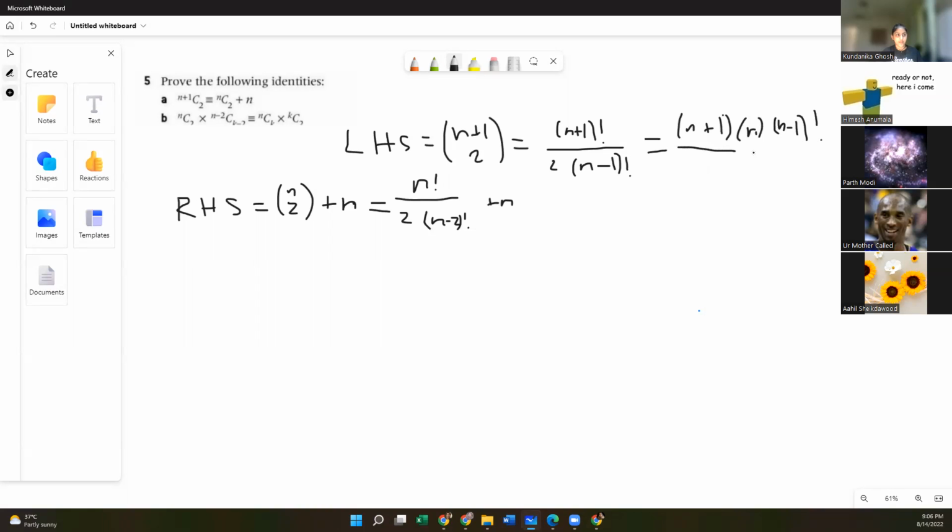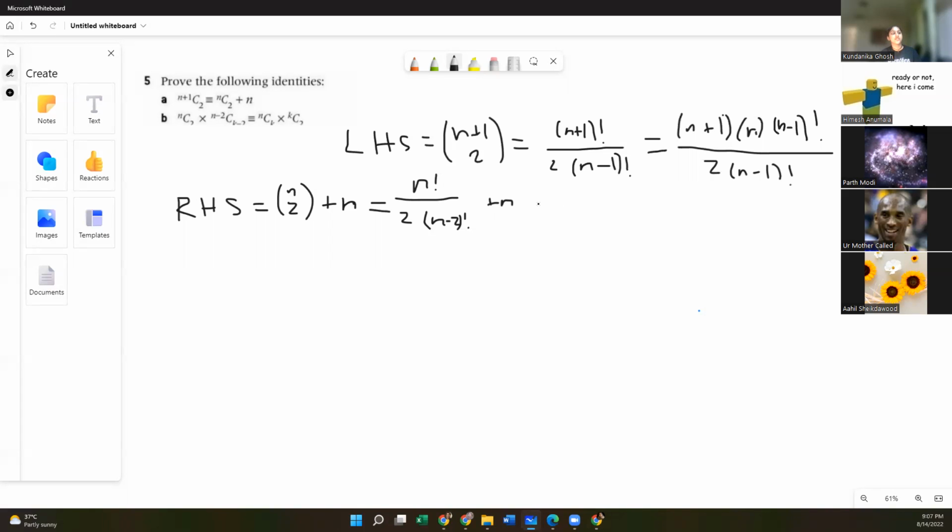And then you have all of that over 2 times n minus 1 factorial. Now this is nice because it allows us to get rid of the factorial, so that all we're left with is n times n plus 1 over 2.